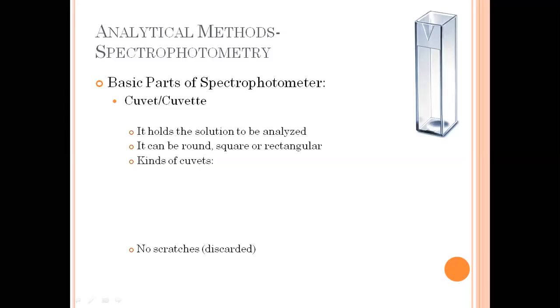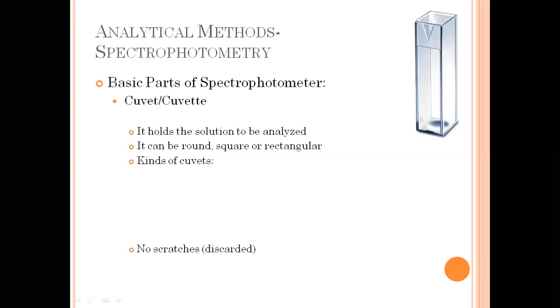Okay? So your cuvette can be round, square, or rectangular. It depends on which spectrophotometer you will use, and that determines which cuvette. For the type of spectro I showed you earlier that we also have in the lab, instead of using this type of cuvette that you see in the slide picture, we make use of a test tube as our cuvette.